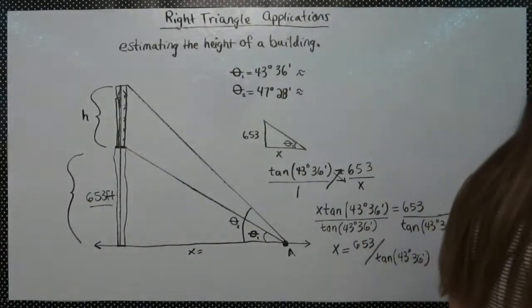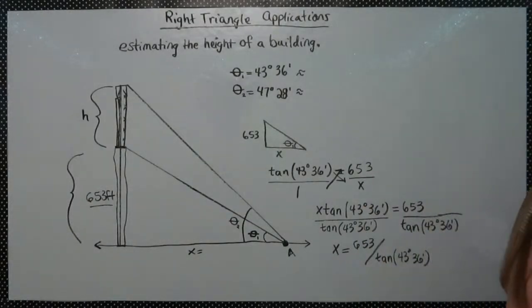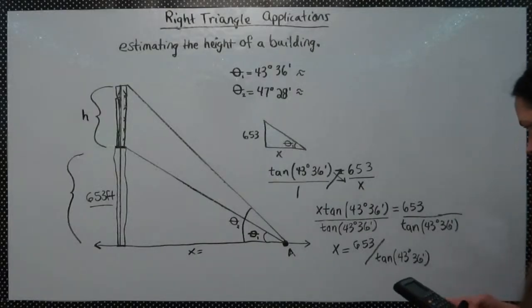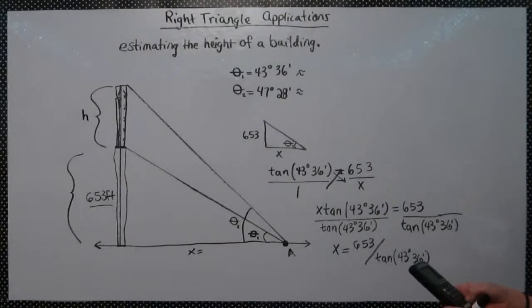And so I will plug that into my calculator. And let's see what it tells us. 653 divided by tan 43 degrees, 36 minutes.